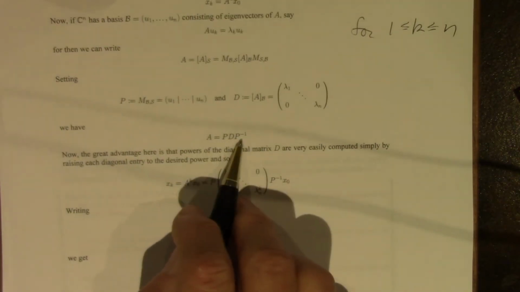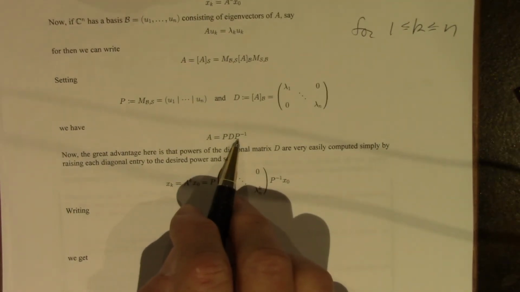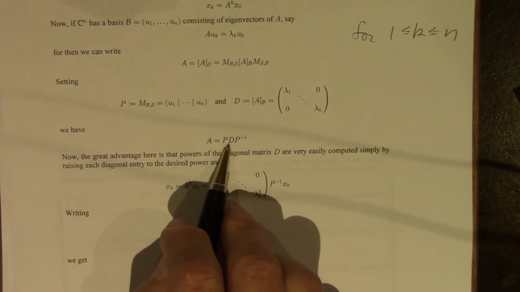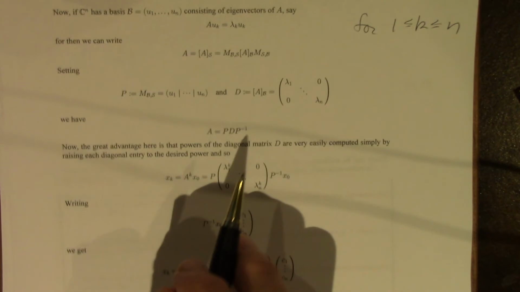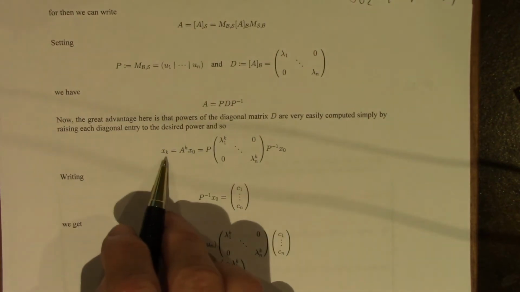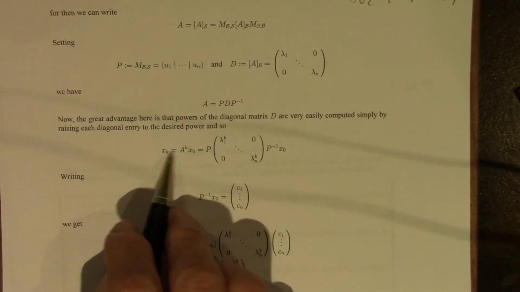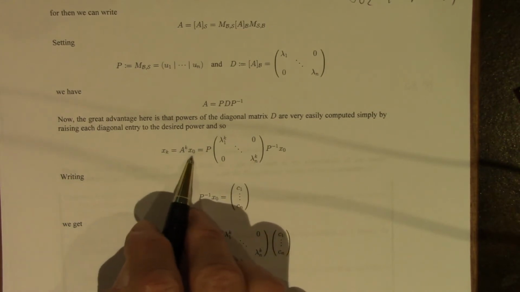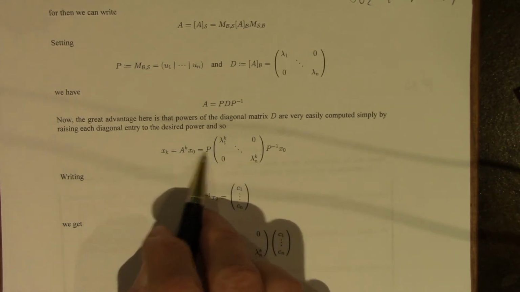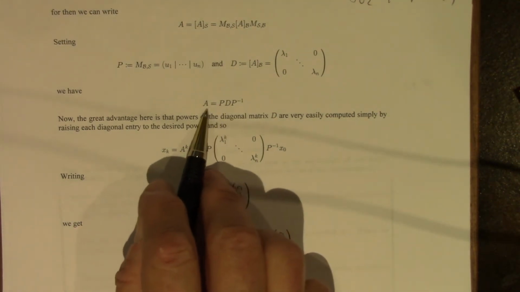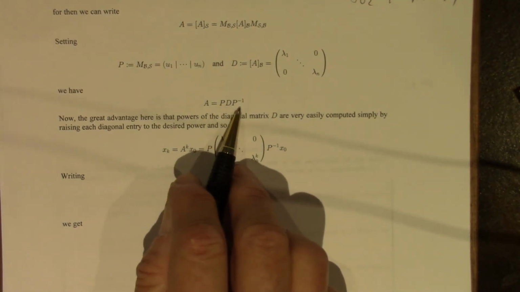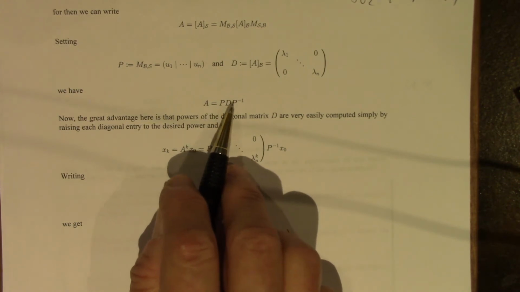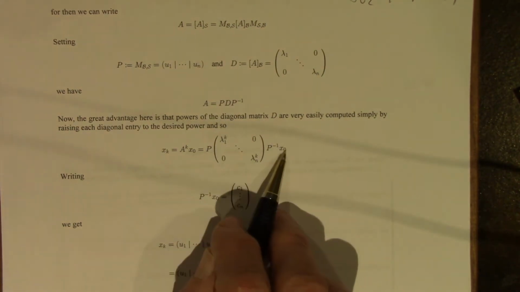It's the form of this equation that I'm interested in, because D is diagonal. And so x sub k, the state of the system at time k, is A to the k x naught, and if I raise A to the kth power, it's simply P D to the k P inverse. So it looks like this.